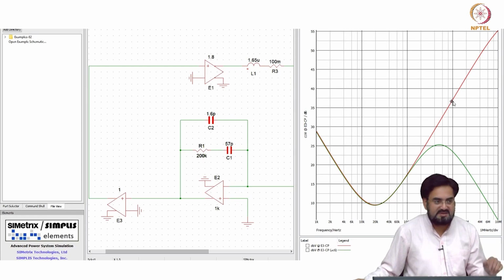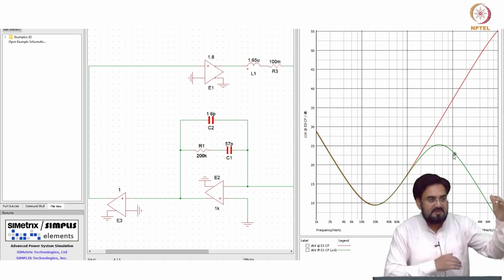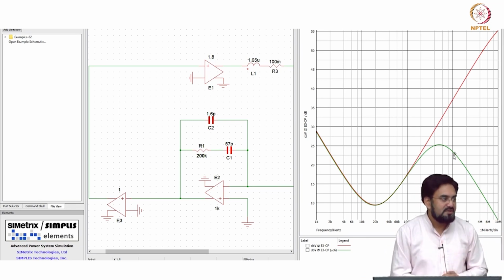So maybe 7 to 8 times difference you can see. And what is happening at 1 megahertz? Switching frequency. So you will see a large ripple being passed here, and not only passed, it is getting amplified. This is also amplifying, but the amplification is reduced.